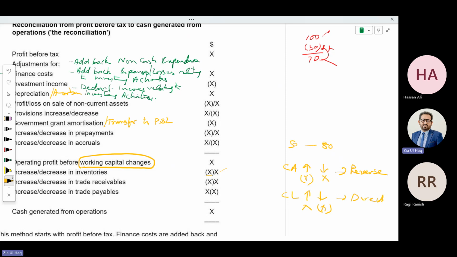Payable decreased. How decreased? We paid the amount. So that will be outflow. Payable increase: we got the benefit from payments. Increase, that will be inflow. Working capital changes: current assets and current liabilities.